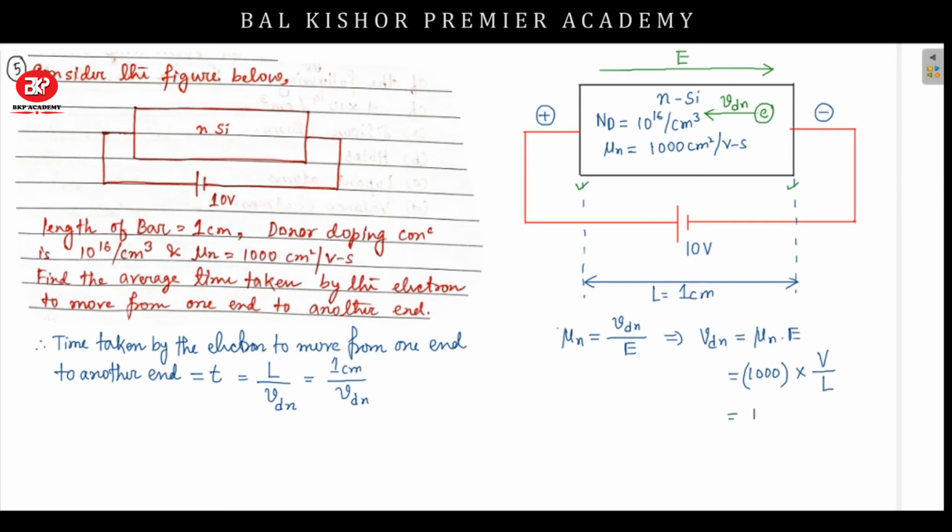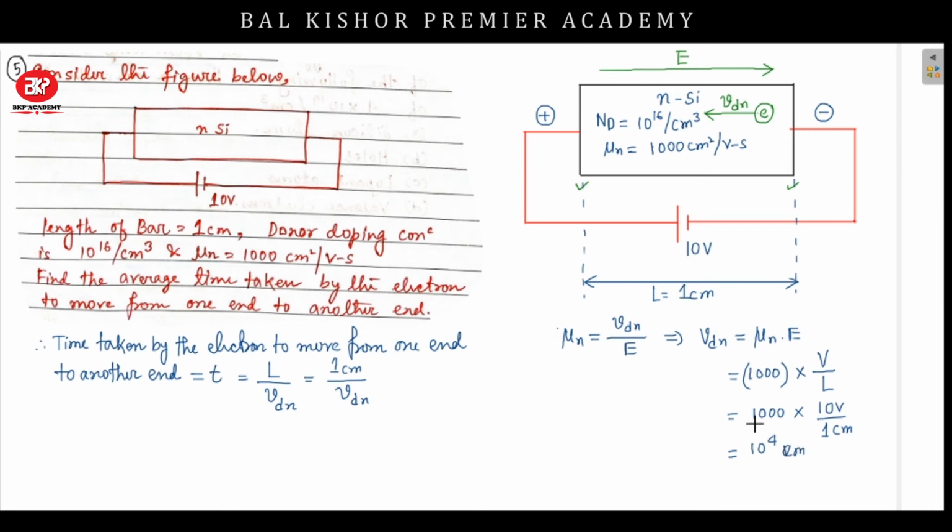So it will be 1000 into 10 volt divided by 1 centimeter. So you can see the Vd value will be 10 to the power 4.